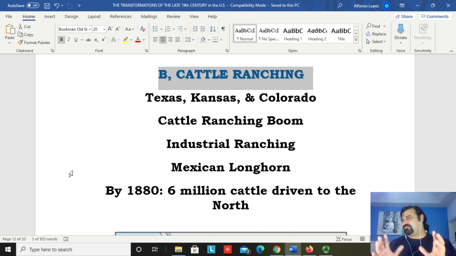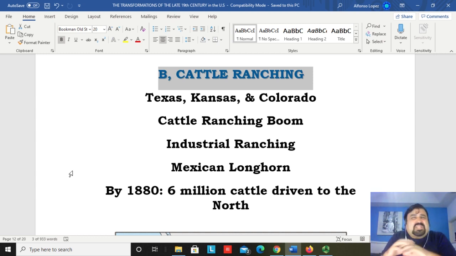But now, with new technologies like railroads, refrigeration, and factories, and growing cities in the United States, the coming of electricity, and so on, cattle ranching will become an industry in its own right.